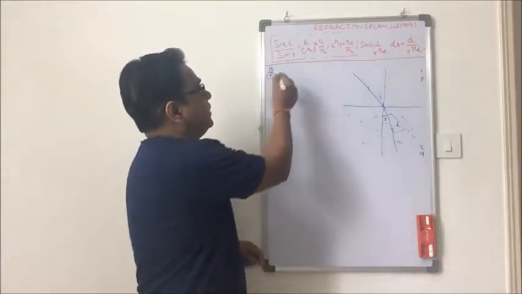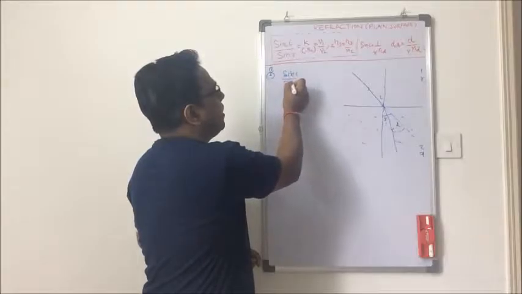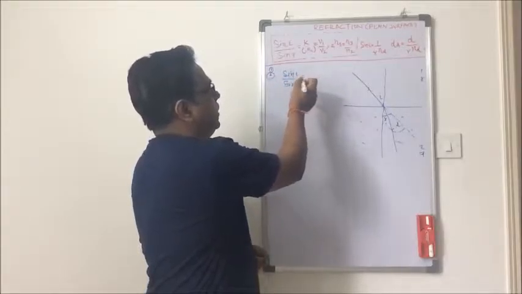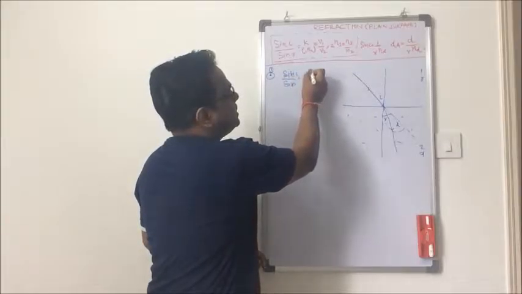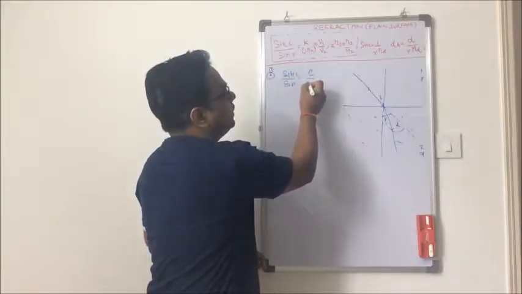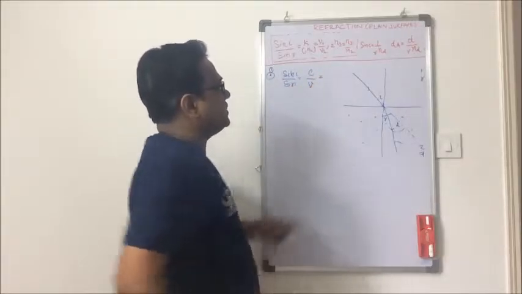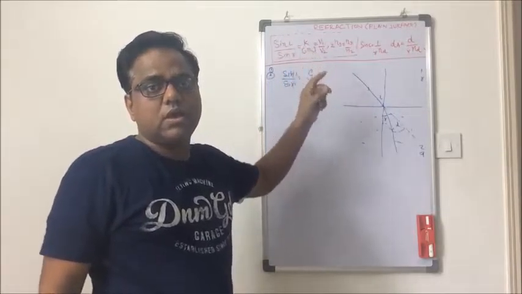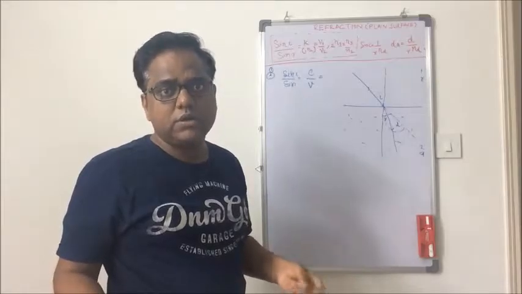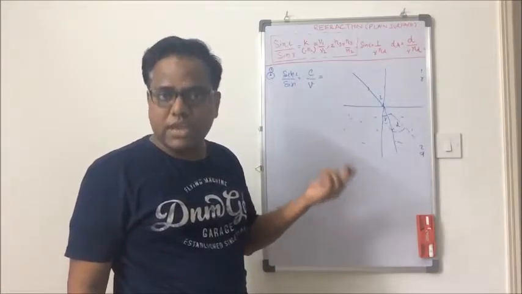In that case, sin i divided by sin r will be equal to c divided by v, and this refractive index would be called just refractive index, because it is with reference to vacuum or air.